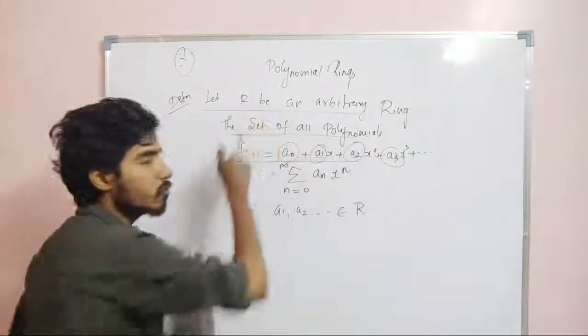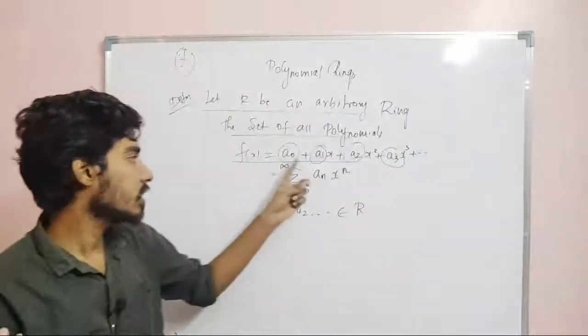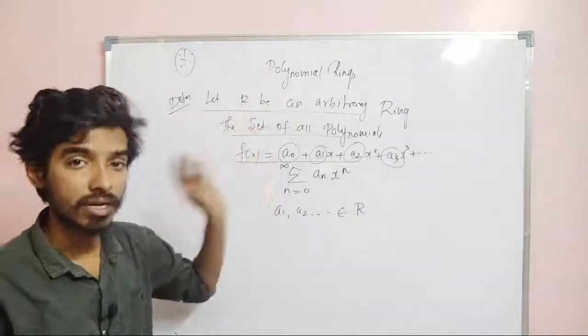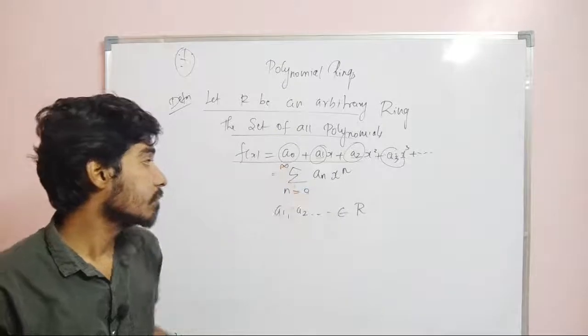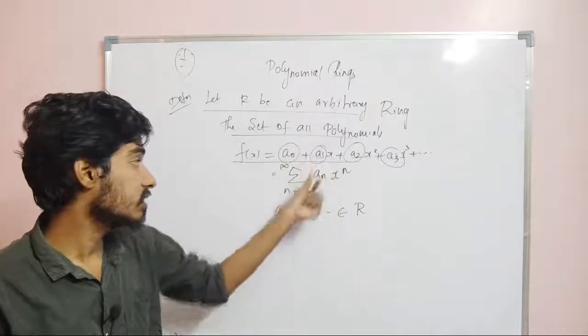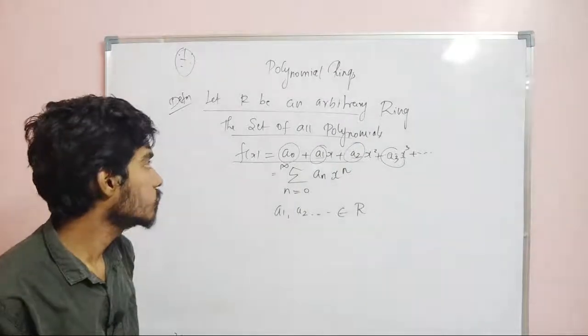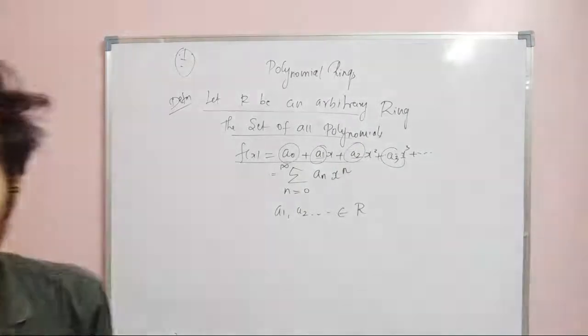Suppose you take R to be the integers, then a0, a1, a3 can be integers. If you take R to be the real numbers, which is a ring, then these can be real numbers. Whatever ring you choose, you take the constants from the ring R.